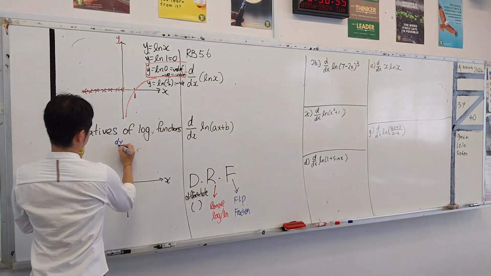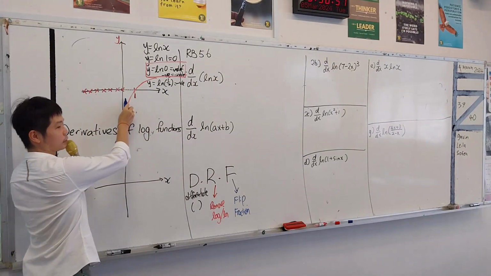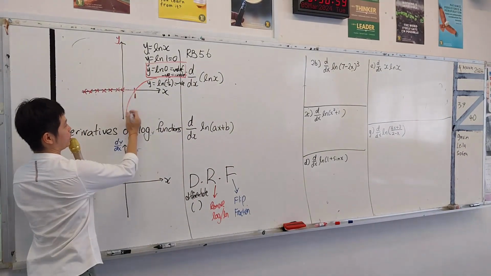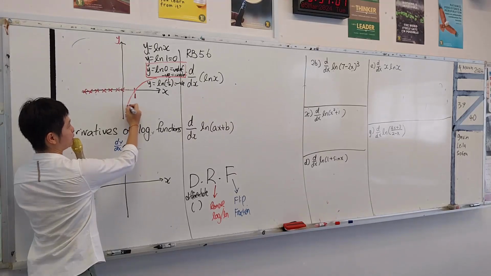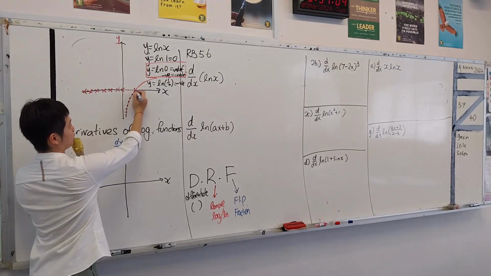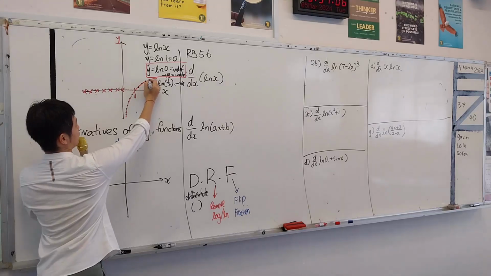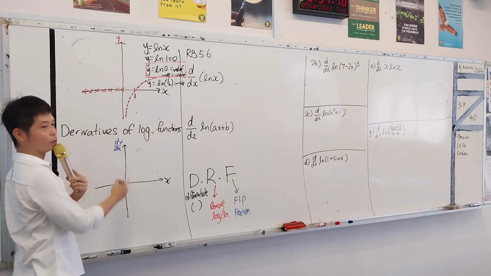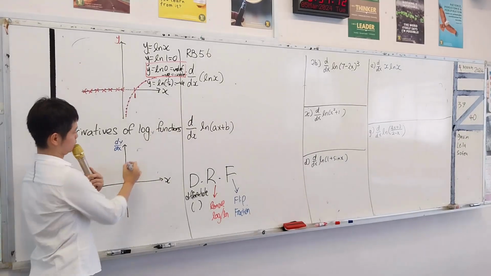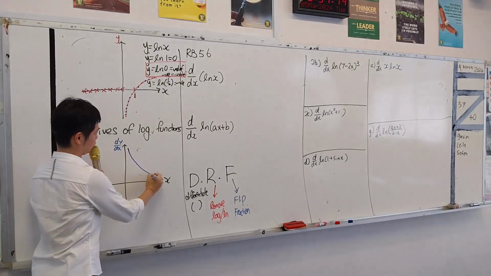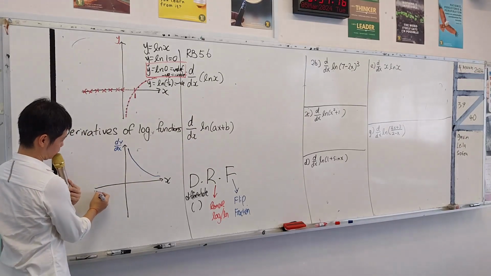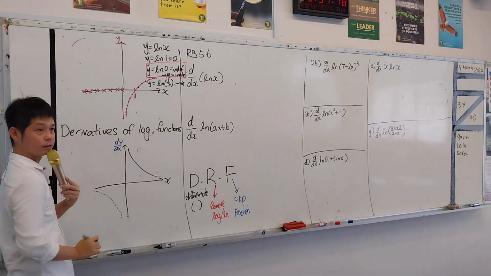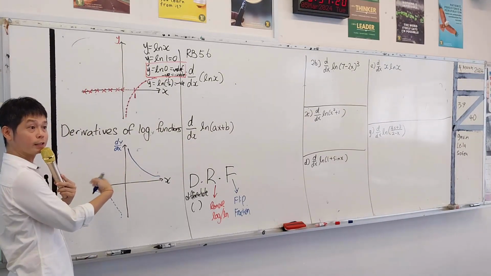What happens when I differentiate? I find the slope at every single x value. How will the dy/dx look? It will look like this. This part here is not possible because x cannot be negative, right?